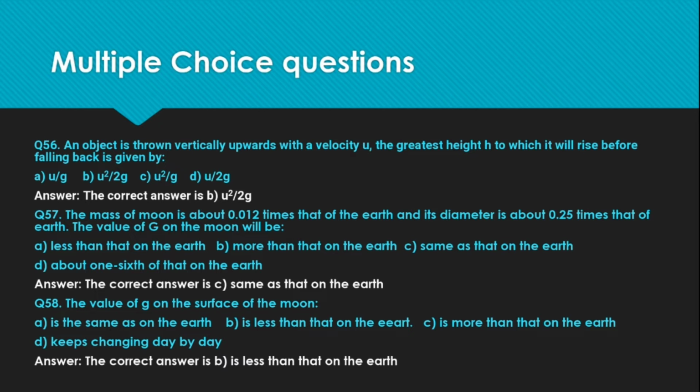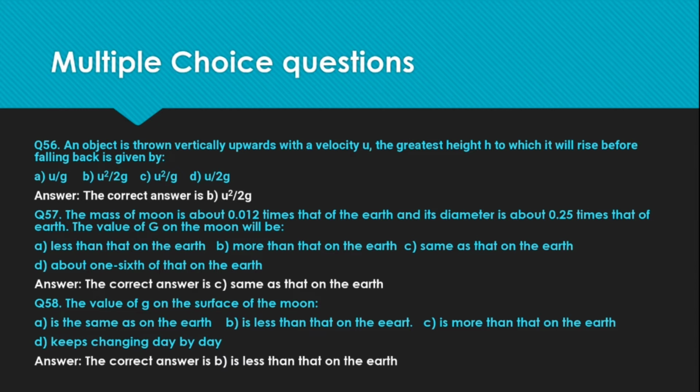Question number 57. The mass of moon is about 0.012 times that of the Earth and its diameter is about 0.25 times that of the Earth. The value of g on the moon will be a) less than that on the Earth, b) more than that on the Earth, c) same as that on the Earth, and d) about 1/6 of that on the Earth.